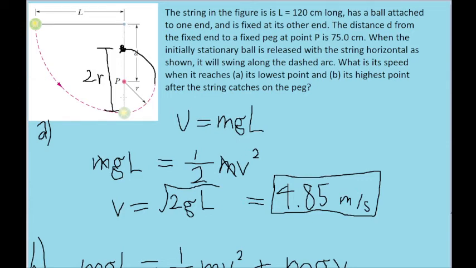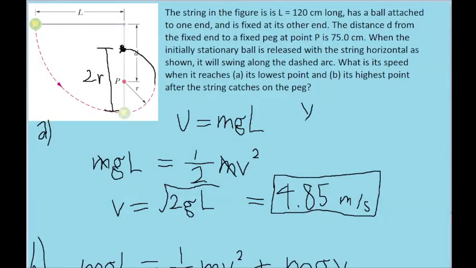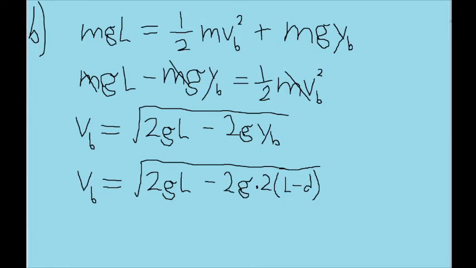So r is just going to be equal to L minus d. So we can rewrite y sub b, or 2r, as 2 times (L minus d). So I've amended the 2 times (L minus d) in place of y sub b here.